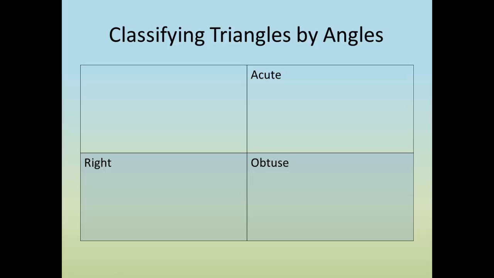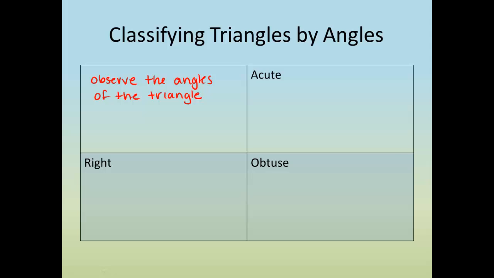Now we're going to be classifying triangles by their angles. This means we're going to observe or look at the angles of the triangle. And then we're going to decide whether the triangle is acute, right, or obtuse.